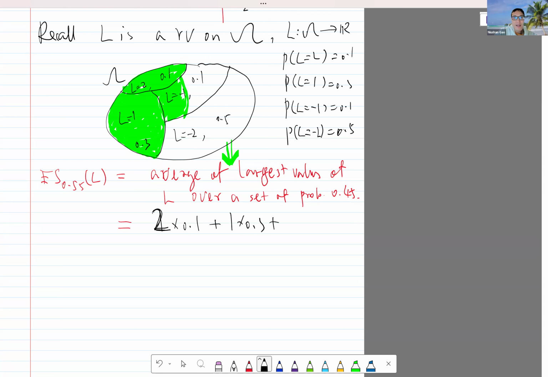The third largest value is -1 times the probability. How much probability do I need? Probability 0.05, right? So times 0.05. This is the entire thing. You have to do the average, right? The average is divided by 0.45. Immediately we get that.